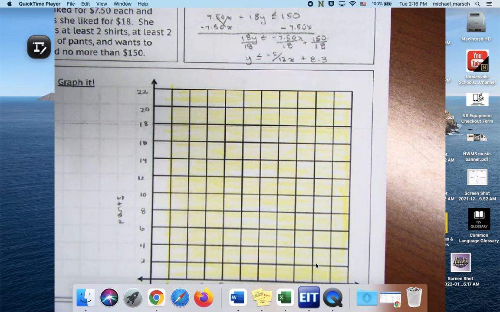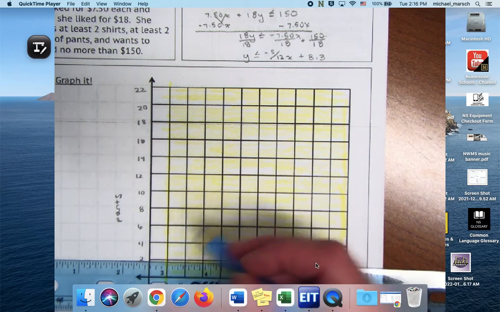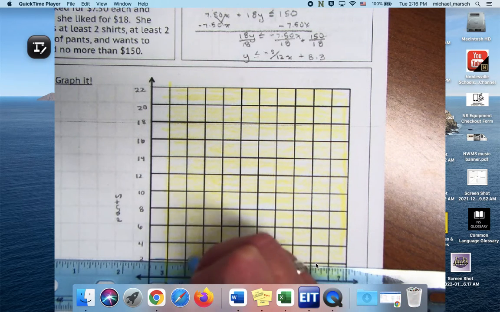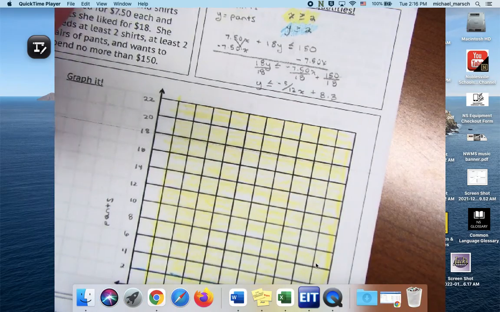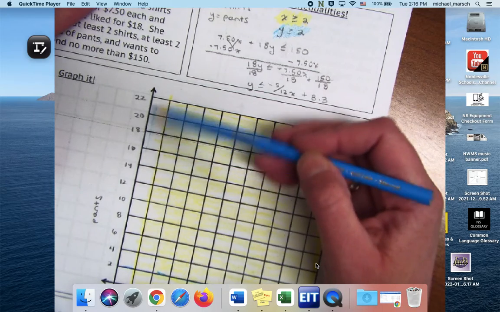My y is going to be a horizontal line. That means all of my y values are greater than or equal to 2. So that's going to be everything above that line.